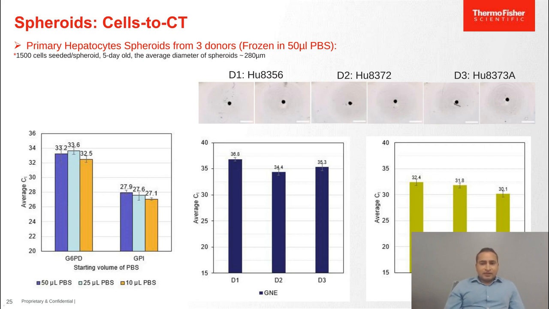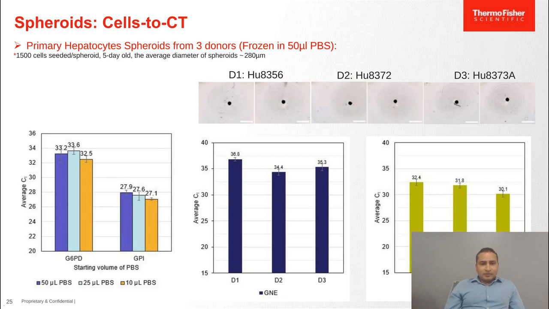So to test the effect of PBS volume on isolation of RNA and gene expression, we extracted RNA from these spheroid samples with various amounts of PBS remaining on the plate, and the average CT values we recovered were lower but less variable when the initial samples contained a lower volume of PBS, such as 10 microliters.